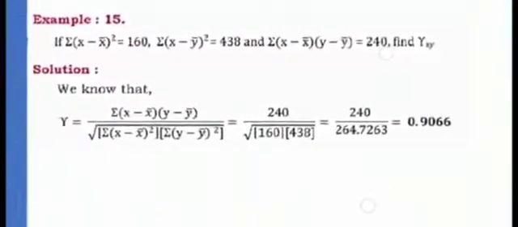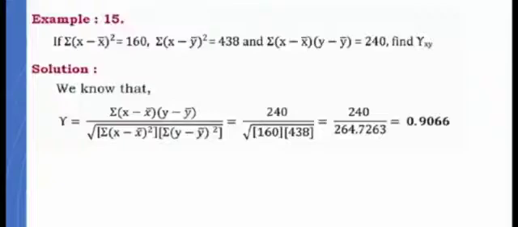Now let us see example number 15. What is the change? In this example, they have given these values: summation x minus x bar whole square is equal to 160, summation y minus y bar the whole square is equal to 438, and summation x minus x bar into y minus y bar is equal to 240. Find Rxy.